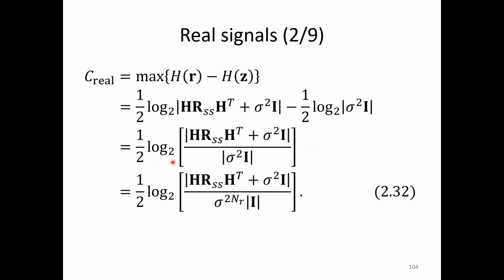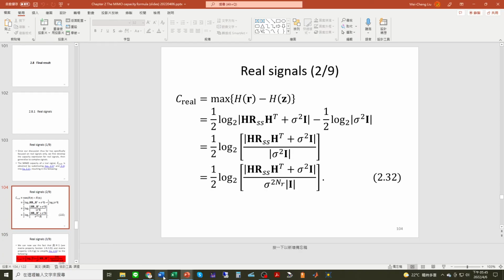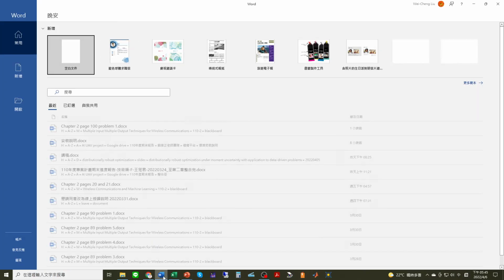Then this equation is equal to this equation. We can see that in the denominator, the determinant of sigma squared times I is equal to sigma to the power of 2nr times the determinant of I. So let us see how to derive this equality. Let us see the blackboard.